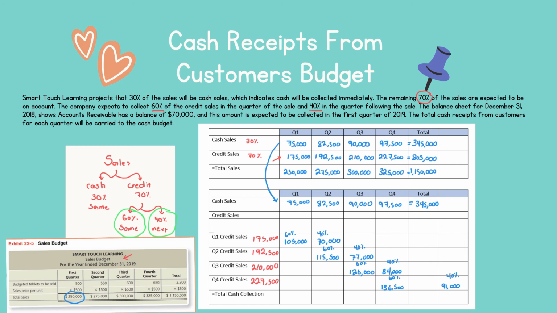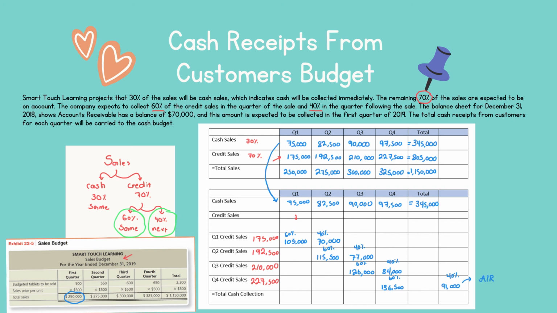So these are the accounts receivable. We call them accounts receivable for quarter 4. Okay, now we had the same thing here in quarter 1, which is 40% of quarter 4 2017 sales.